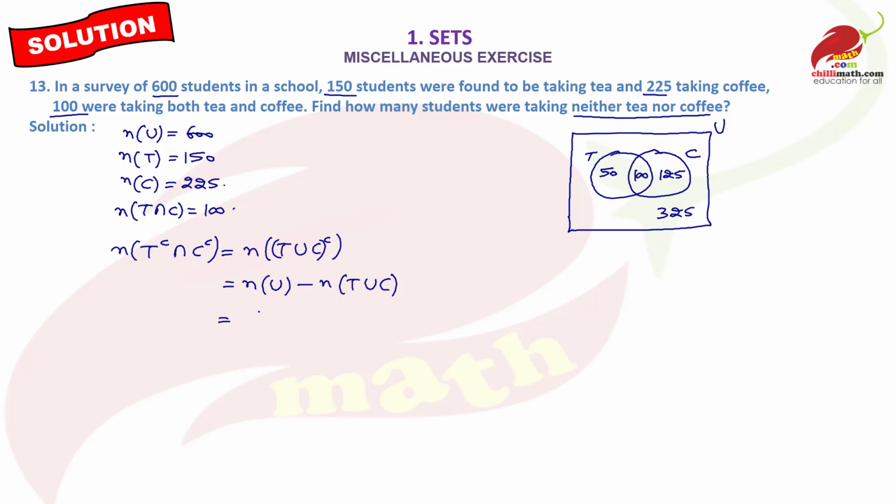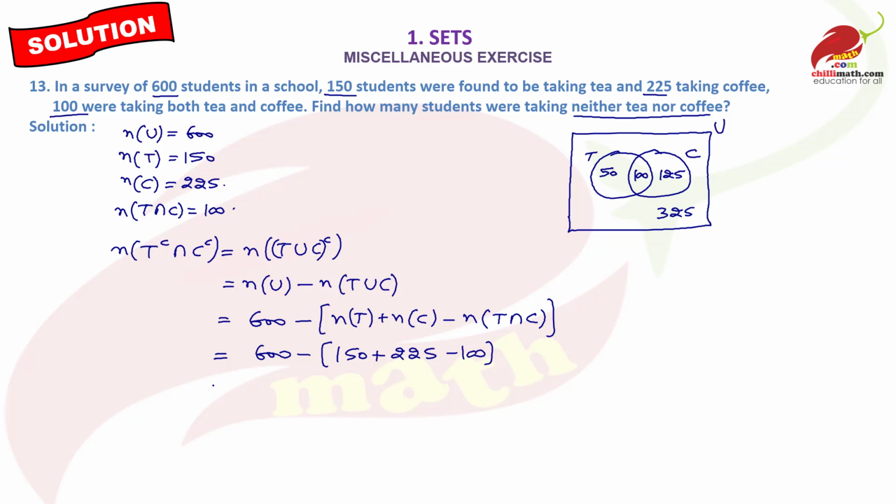So this is 600. T union C, we know the formula, that is NT plus NC minus the number of students who are taking tea and coffee both. So this is 600 minus 150 plus 225 minus 100.